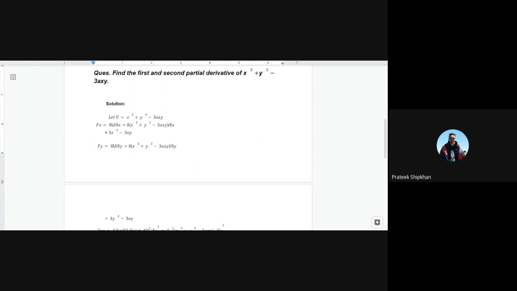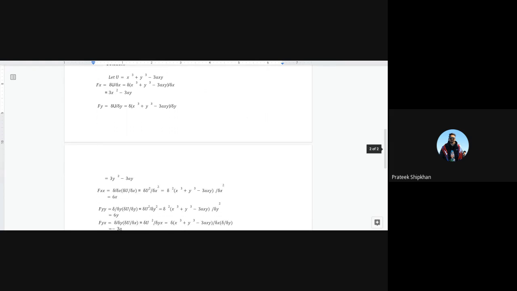Here the first term contains variable x. So solving it, we get 3x square, and in second term we have constant term y, so it remains as it is, and in third term differentiating partially we get 3ay.